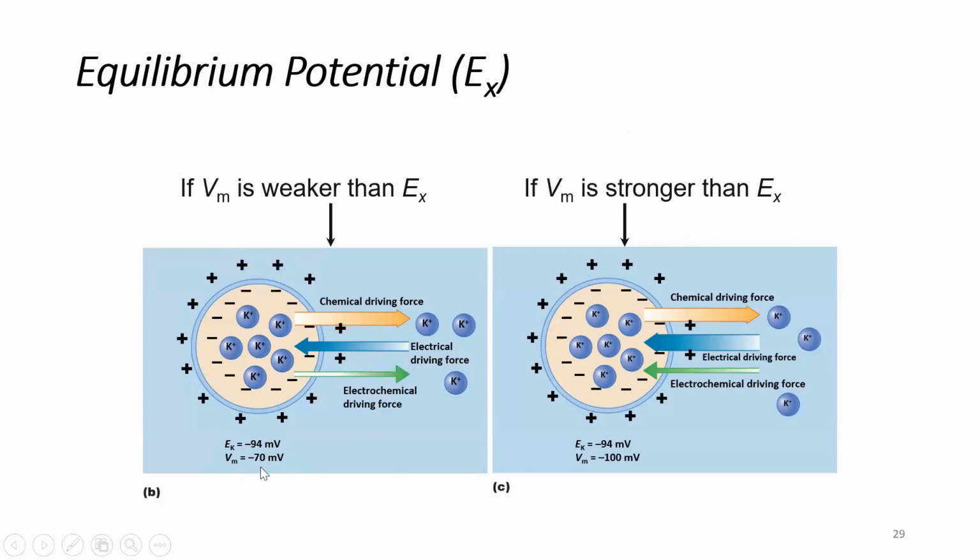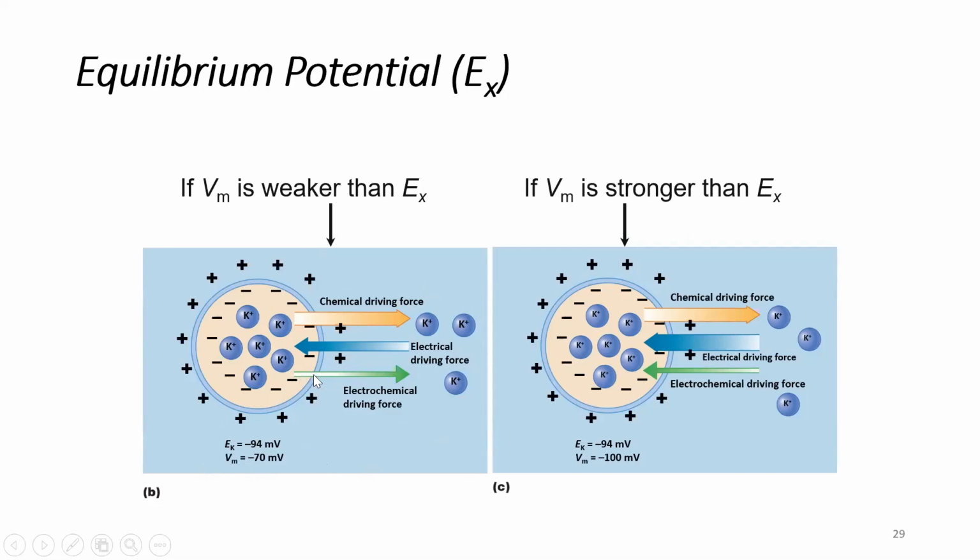So we're not going to look too much at the negative or positive, but really the value or the magnitude of that force, okay? So here we see that the equilibrium potential is a greater value, a stronger force than the membrane potential. And so if that happens, then the overall ECDF is going to follow the direction of the concentration gradient or the chemical driving force, because the equilibrium potential is greater than the membrane potential.